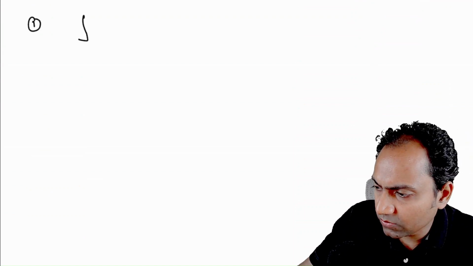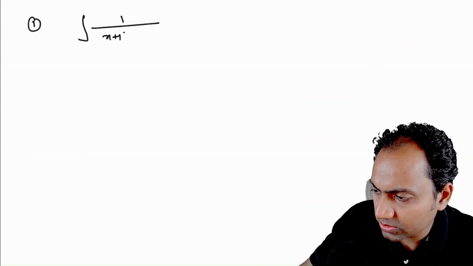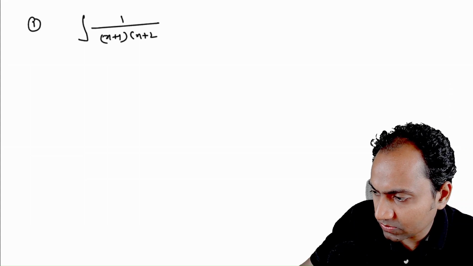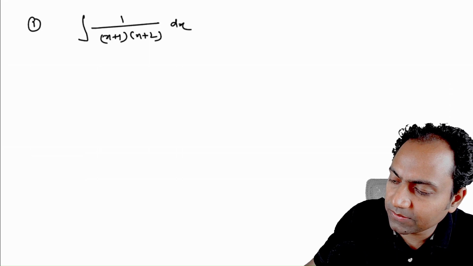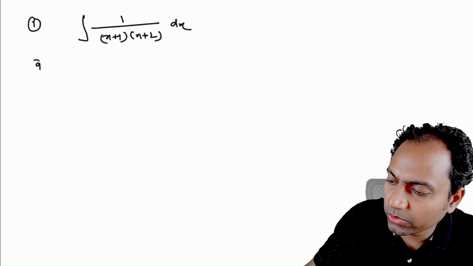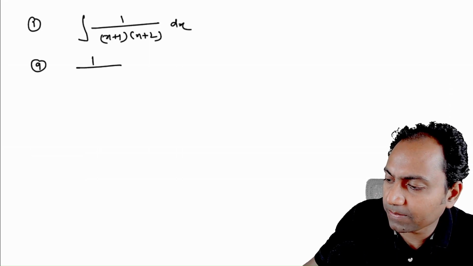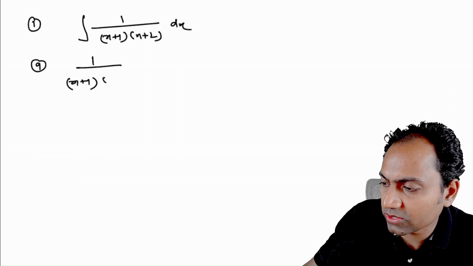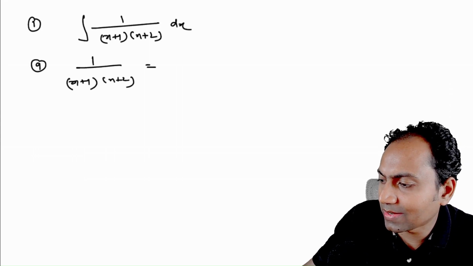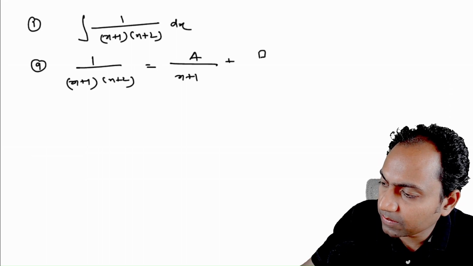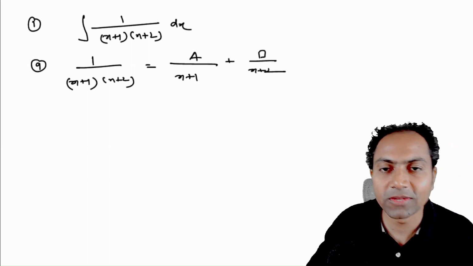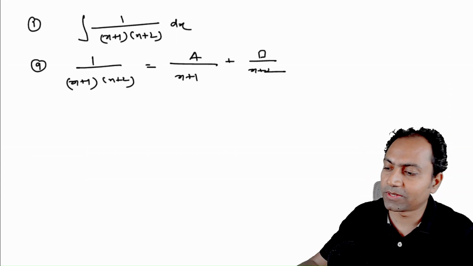The first case is when you are given two linear functions, like the integral of 1 upon x plus 1 into x plus 2 dx. In this case, the first step is to apply partial fractions. What the partial fraction concept says is that we can write this as a by x plus 1 plus b by x plus 2. Whenever we have linear functions, we can write it in that manner.